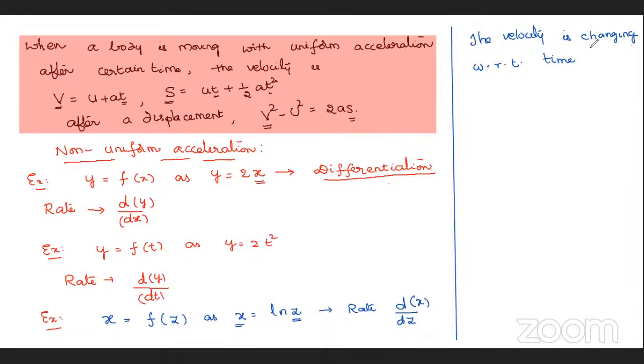But I don't know whether it is uniform or non-uniform. That's why I have to go through mathematics. So velocity represented with the letter v as a function of time means v is a function of time. That one, the rate, how to write, I think you understood.